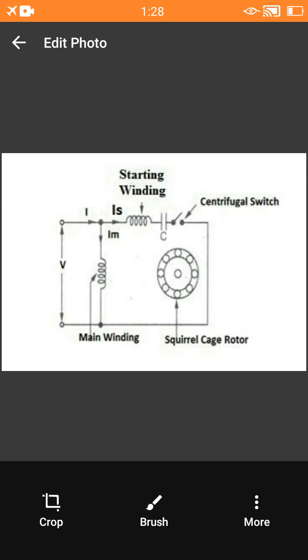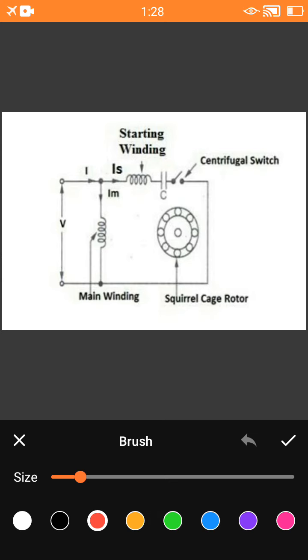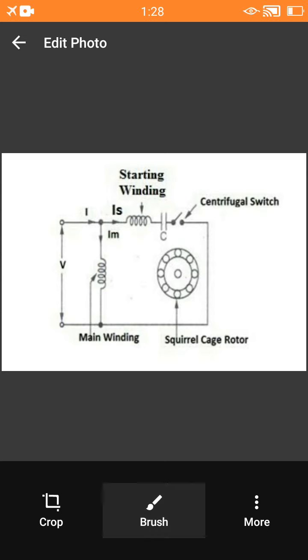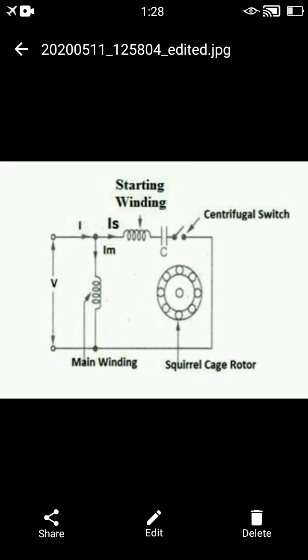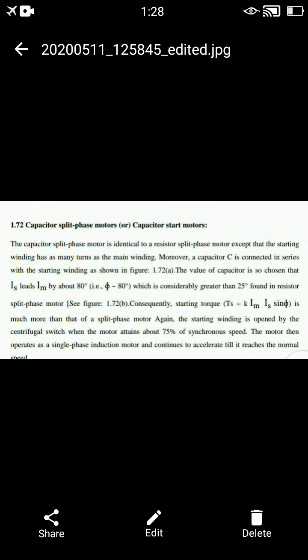So this is the total construction or circuit diagram of a capacitor start single phase induction motor, in which a capacitor is connected in series with a starting winding and one centrifugal switch is connected in series with that starting winding. So let's start in detail about the capacitor start induction motor.